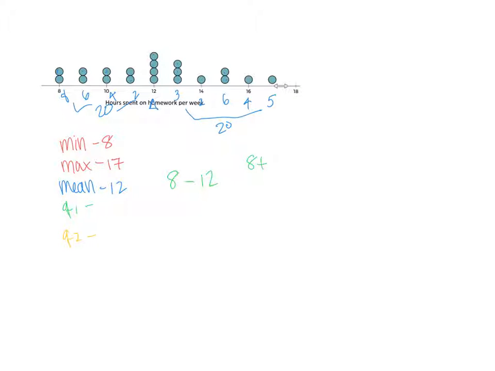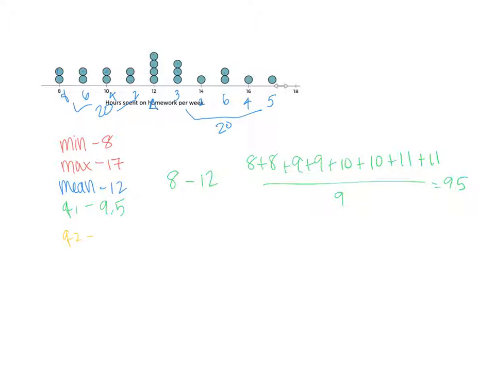I did 8 plus 8 plus 9 plus 9 plus 10 plus 10 plus 11 plus 11, and then I divided it by the number of data points. There's 1, 2, 3, 4, 5, 6, 7, 8, 9 data points, so I divided it by 9, and I got 9.5 for that one.